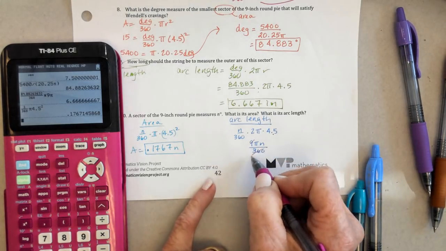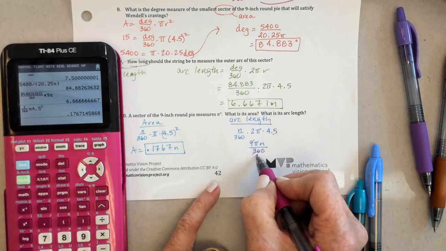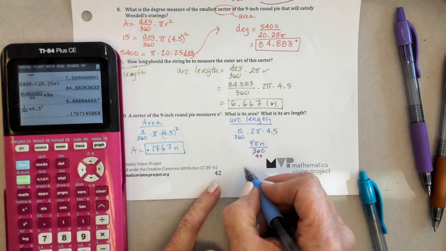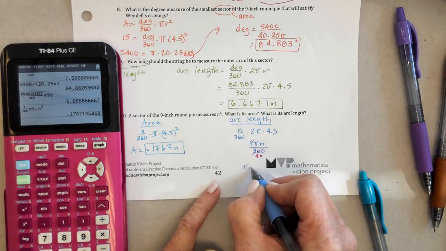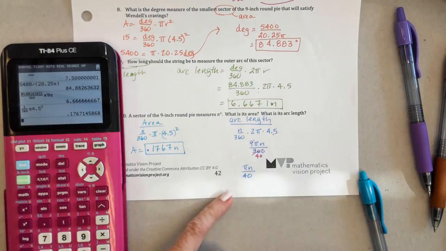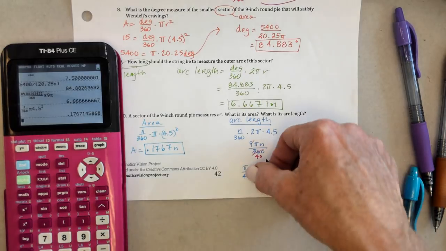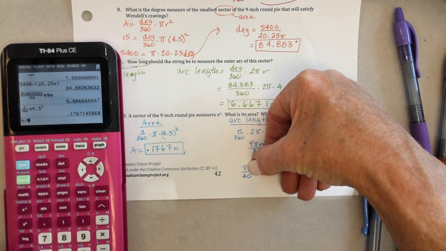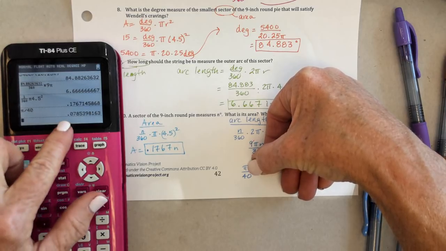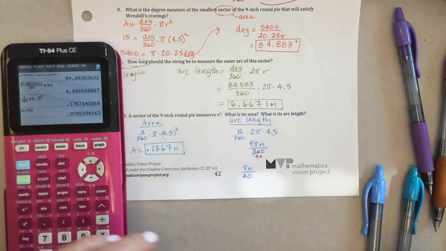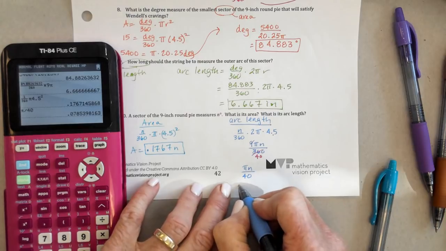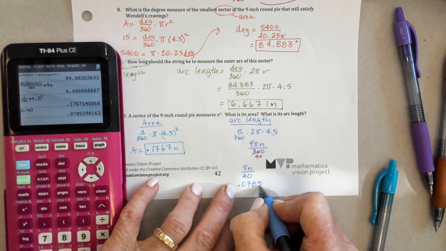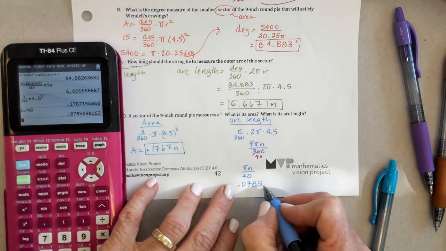See this 9 divide out with that 360? 9 goes into 360 40 times. So right now we have pi n over 40. Or if you want to change that to a decimal, just leave the n out for a minute. And let's just do pi divided by 40, 0.0785, and then we'll put the n back in, n.